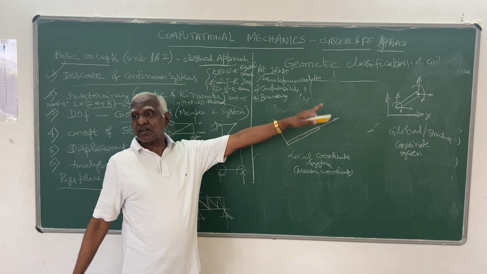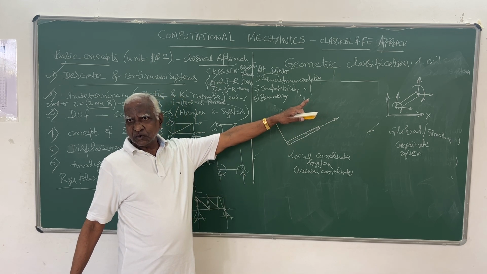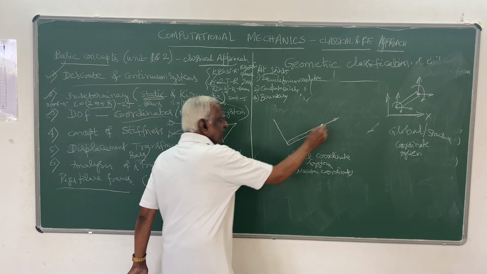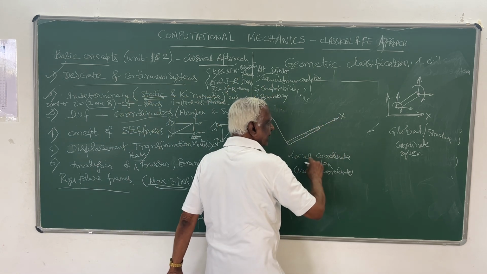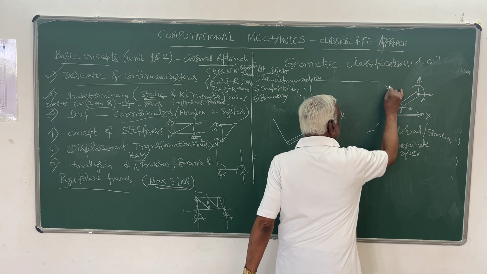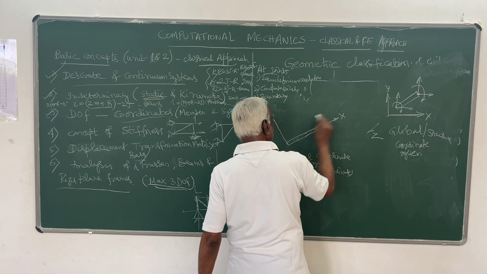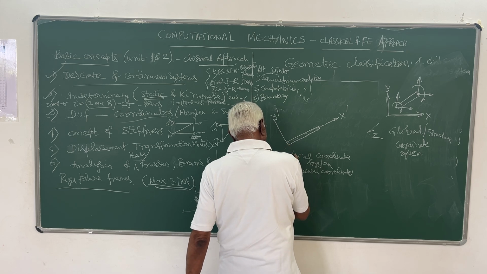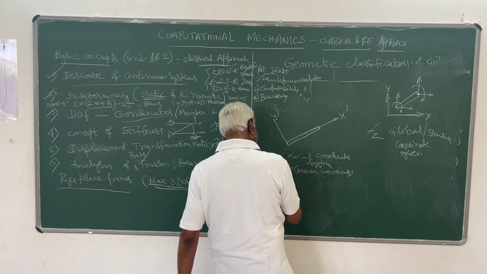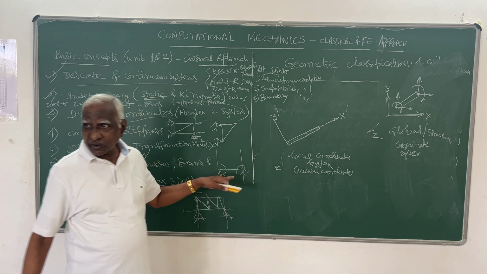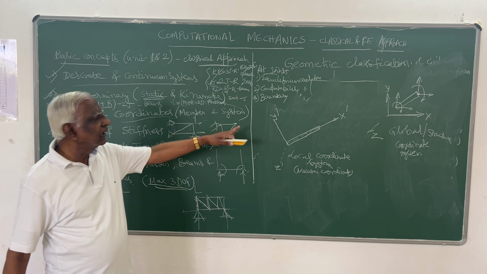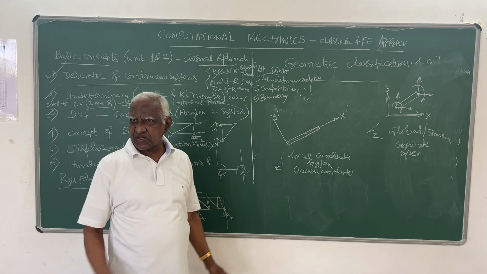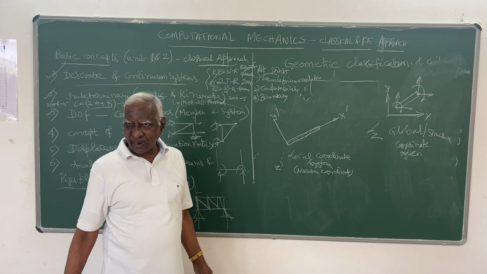So the axis of the member, the longitudinal or centroidal axis, is chosen as one of the coordinate axes: x dash, and this is y dash.